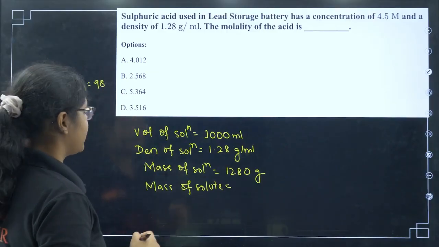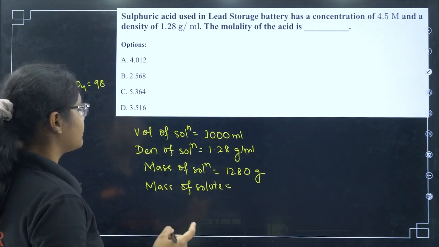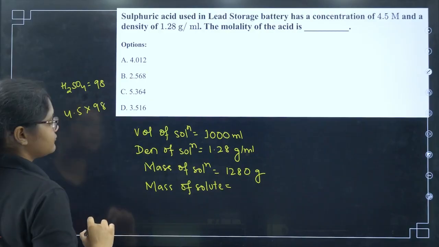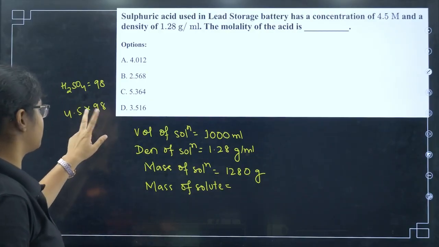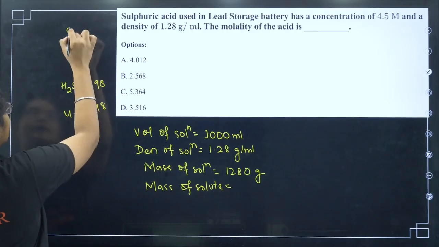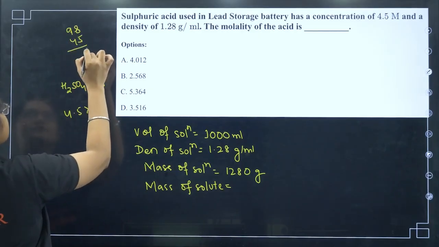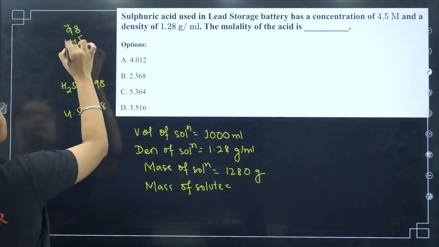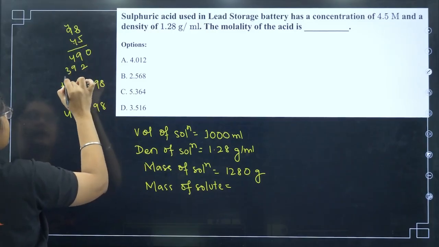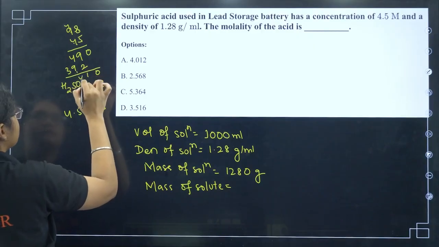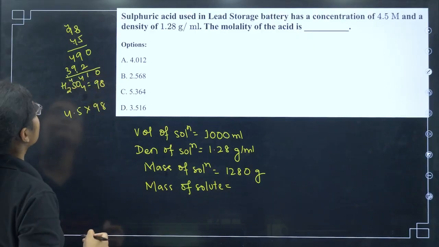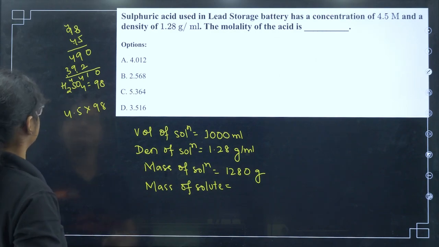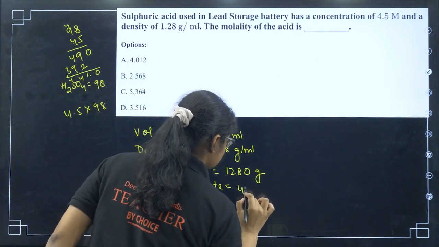We have 4.5 moles, so 4.5 into 98, given mass by molar mass. 98 into 45: 5 8s are 40, 5 9s are 45 plus 4 is 49, 4 8s are 32, 4 9s are 36 plus 3 is 39. Solving this, I get 441.